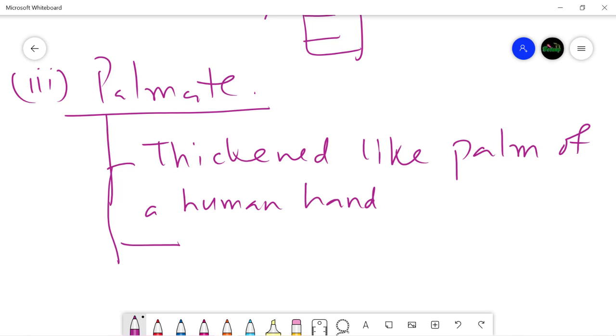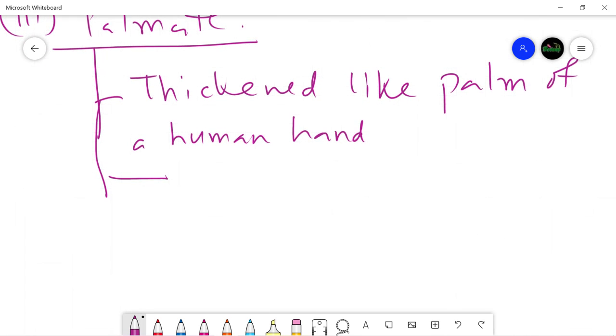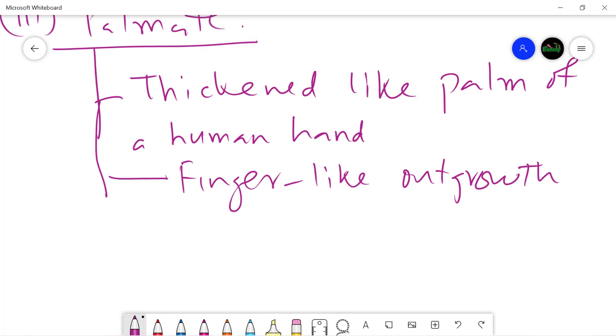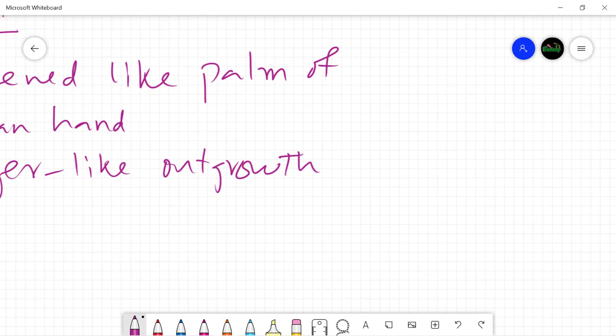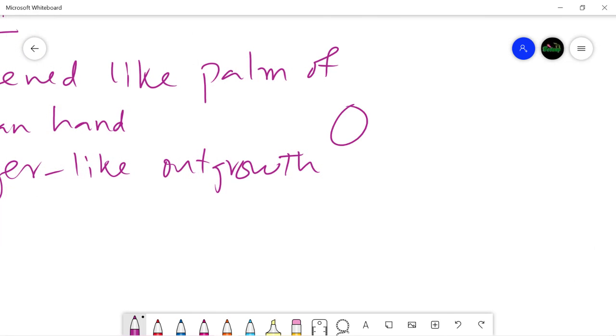So that is the reason for naming them palmate. And next, since palm also bears fingers, they have finger-like outgrowths as well. But this is a rare type and not a common type of tuberous adventitious roots, but mostly it is discussed in the books. And the example is orchids, and one of the plants is Orchis.